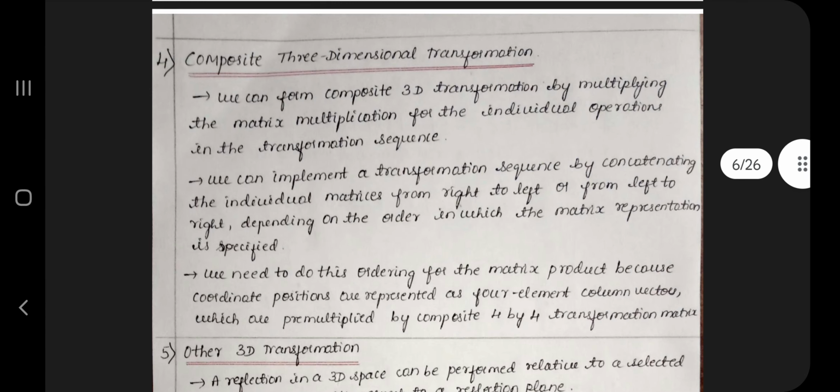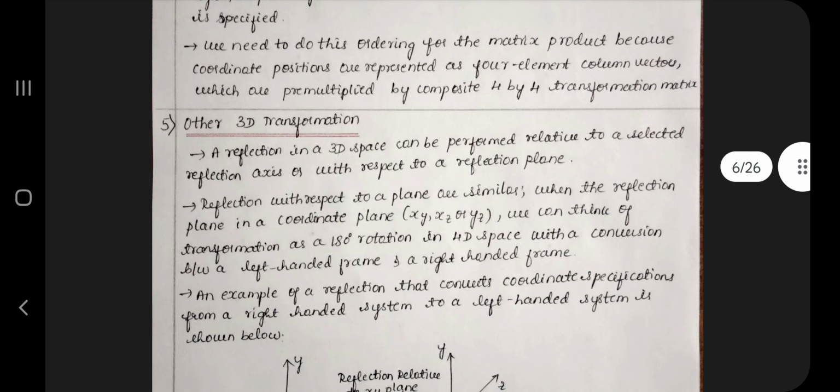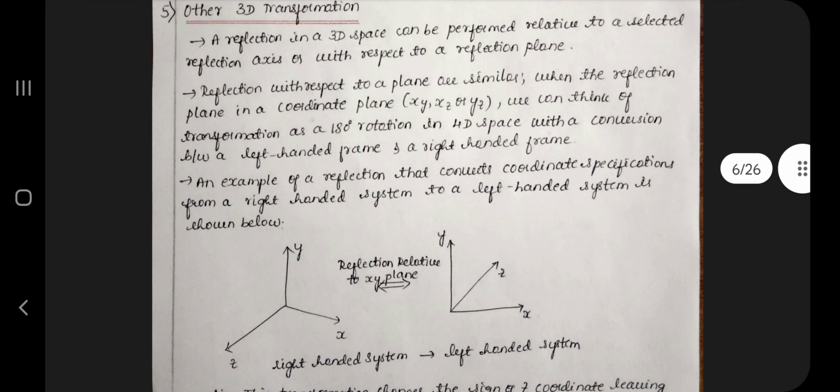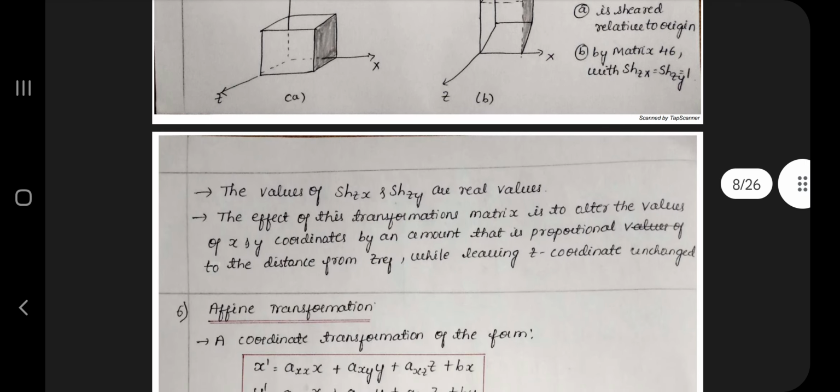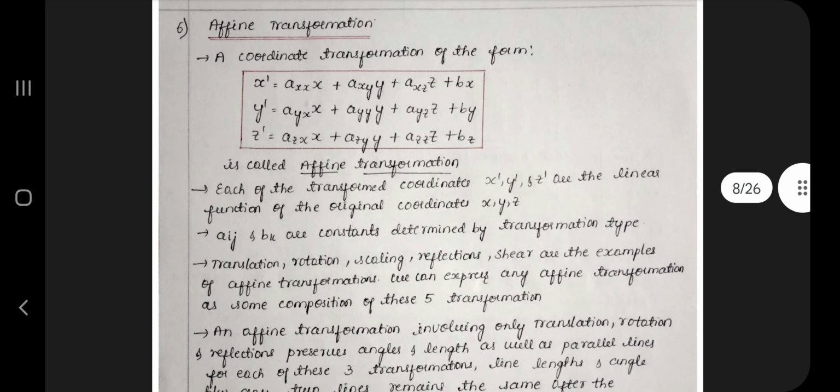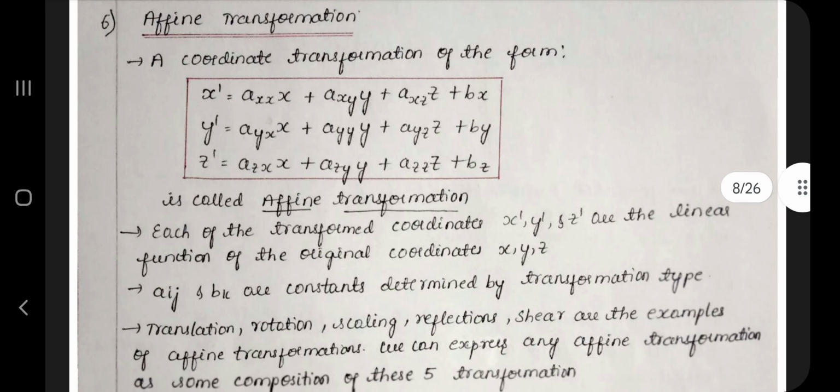Then we have composite 3D transformations, to perform two or three transformations together. That is known as composite transformations, also mentioned here. And reflection and shearing. These are the matrix values. If you can remember these, it's very helpful and will help you fetch more marks.